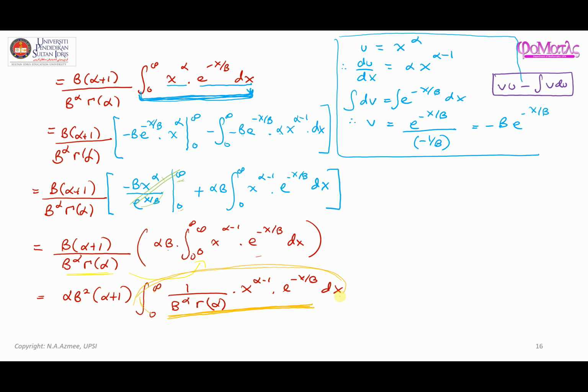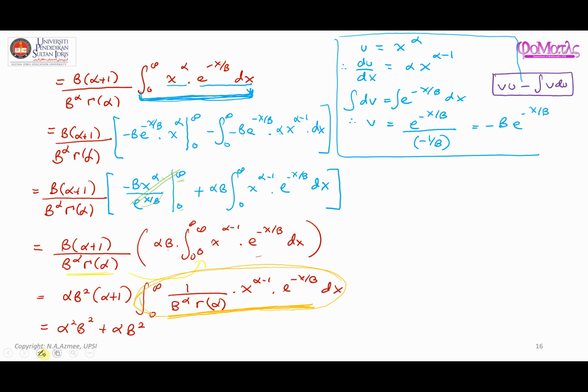And we know that the result of this is going to be equal to 1. So now we have alpha, I'm just going to expand this thing. So we have alpha squared beta squared plus alpha beta squared. Okay, so that is the result for the expected value of x squared.